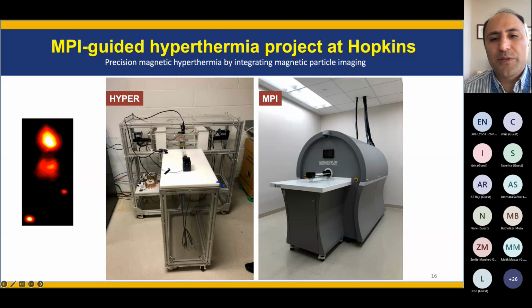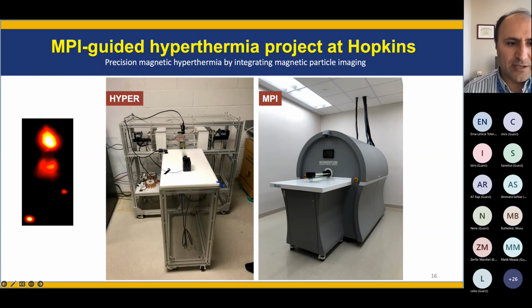And the benefit of combining these two machines is that, let's say here we have an animal, this is the mouse, and we have injected the magnetic nanoparticles, and we can see the particles here.